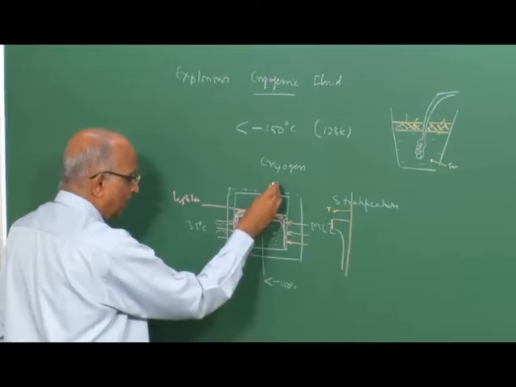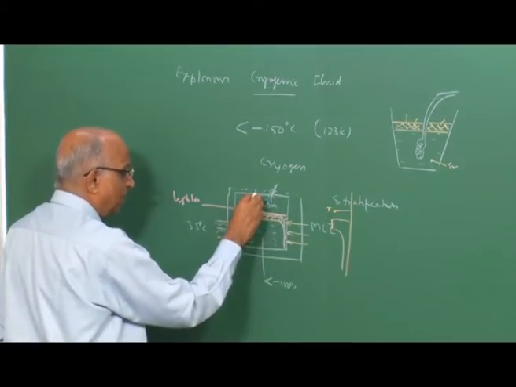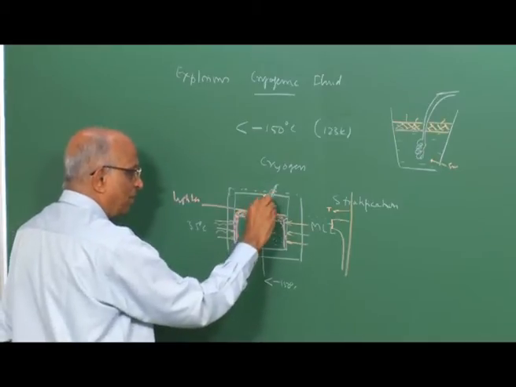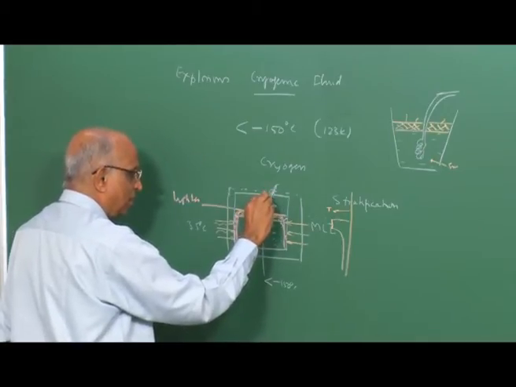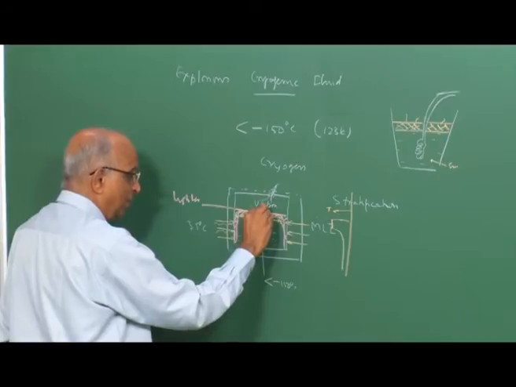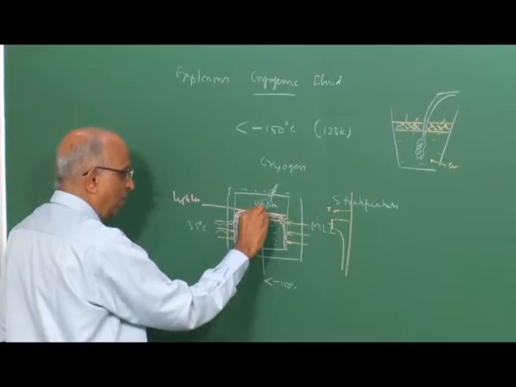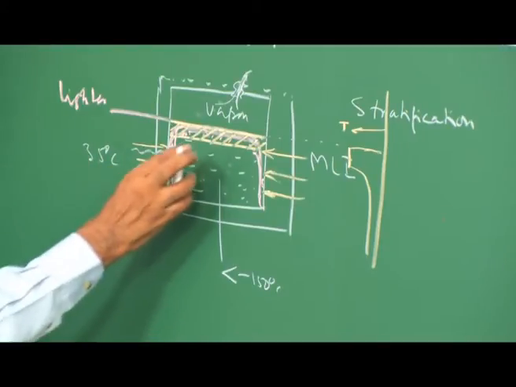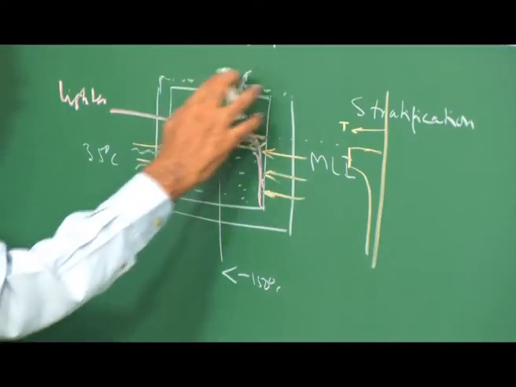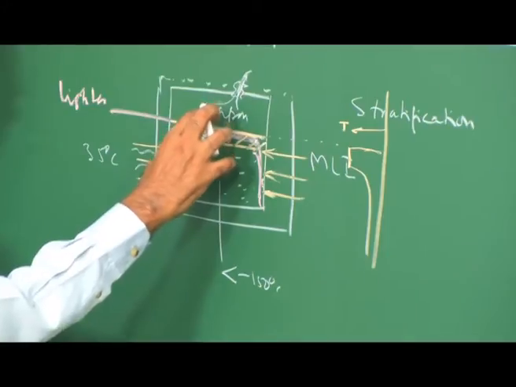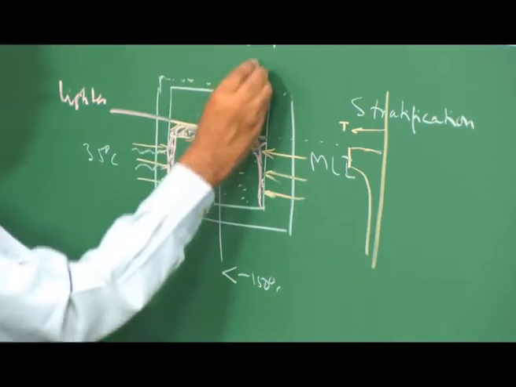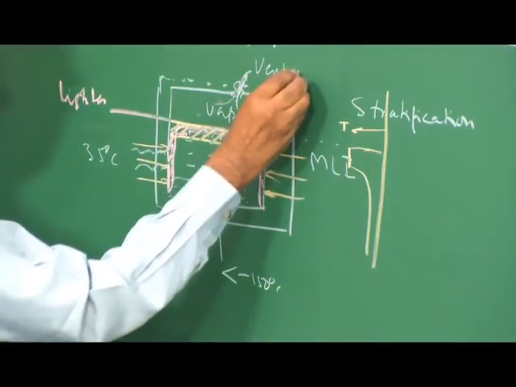When it gets released, the pressure decreases, the temperature decreases, and you can also control the temperature. This layer is in equilibrium with the vapor here, so you have some equilibrium type of thing. But all said and done, you have to release the vapor in order to keep the pressure in a cryogenic storage vessel constant. Therefore, you have the venting of gases.